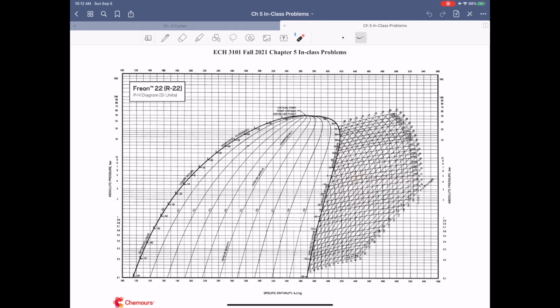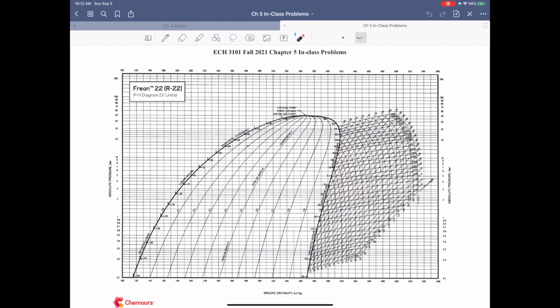The way to use these plots, which are similar to Mollier diagrams, is that if you can figure out two properties, that allows you to get a third one from the plot. We'll get practice in how to use these plots when we work through the example problems in class.